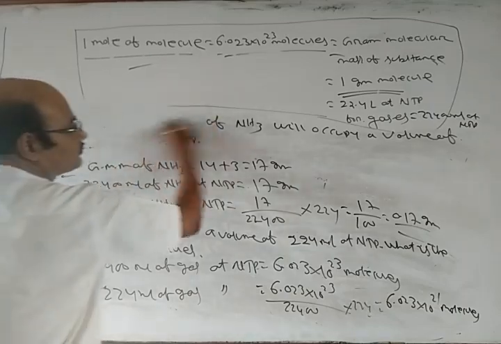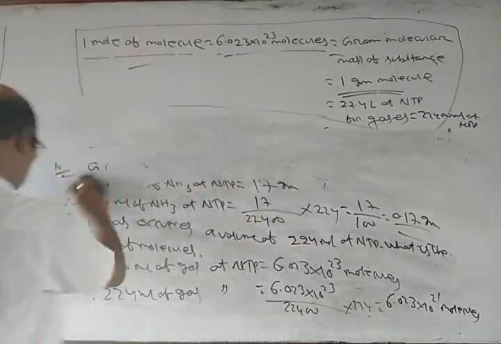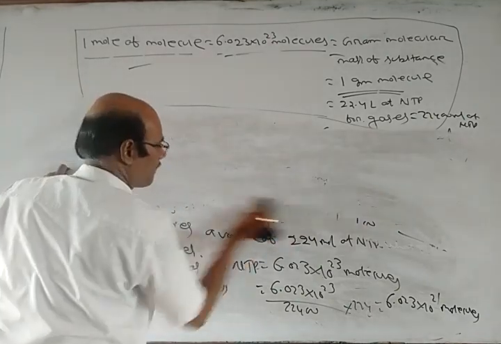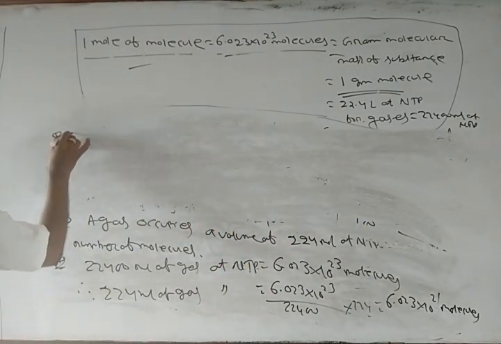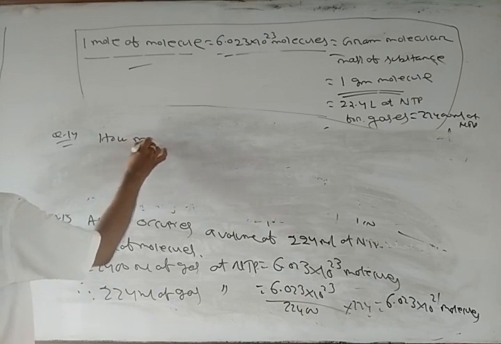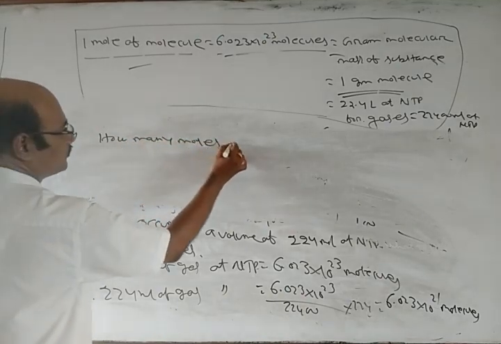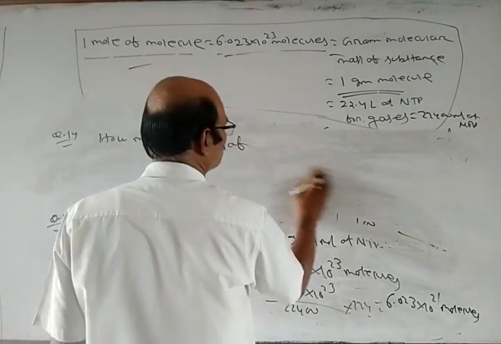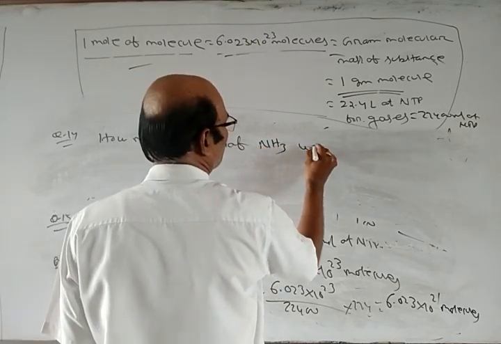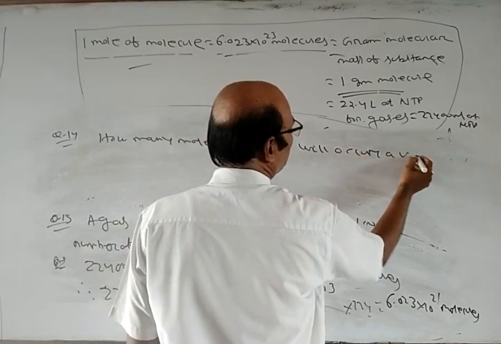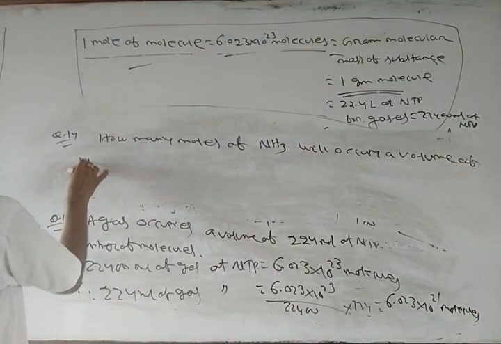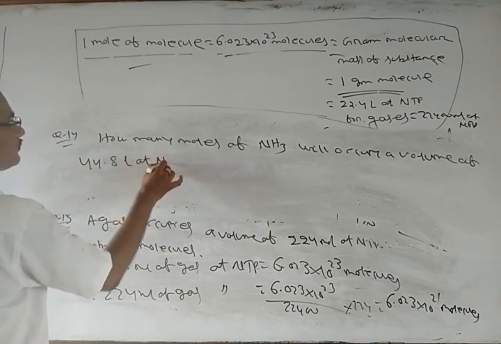Now next, question number 14. How many moles of ammonia will occupy a volume of 44.8 liter at NTP?